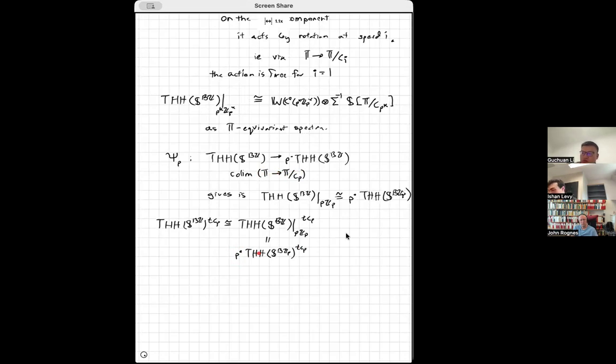So you're really just taking the Tate construction by a trivial action now on these components. And so the point is that the Segal conjecture, which I mentioned before, tells you that because this is a trivial action, this is actually just THH of S to the BZ_p. So this Tate construction doesn't do anything. Okay.